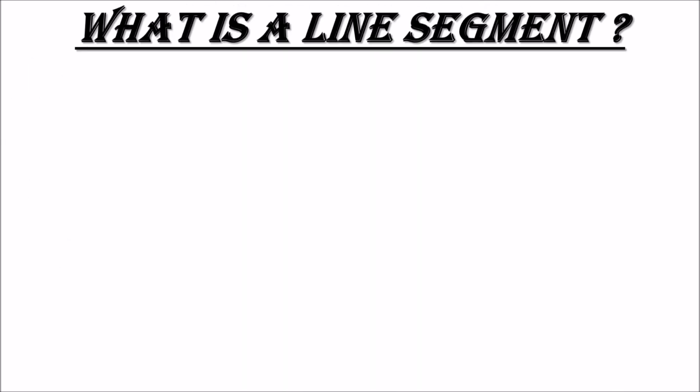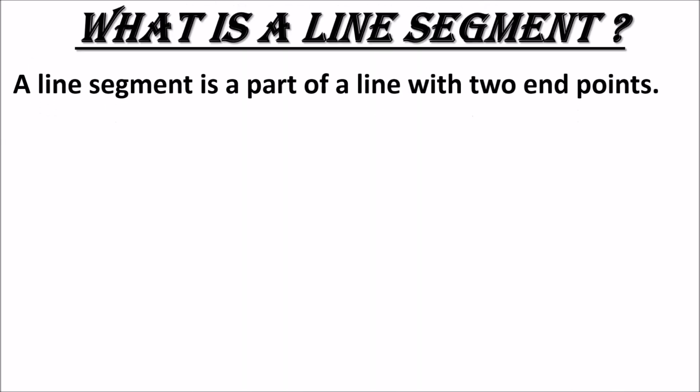What is a line segment? A line segment is a part of a line with two endpoints. Here we have a line. See, I have taken one point on this line. I have taken one more point on this line.